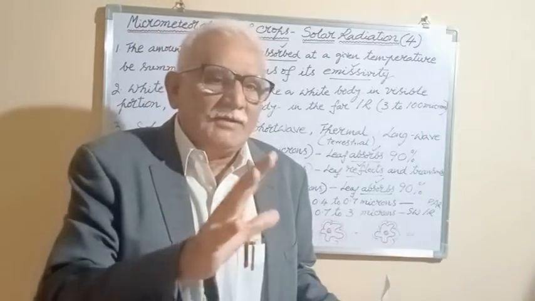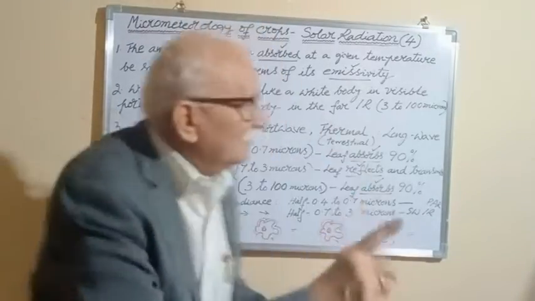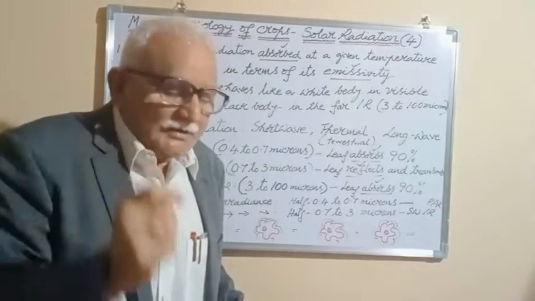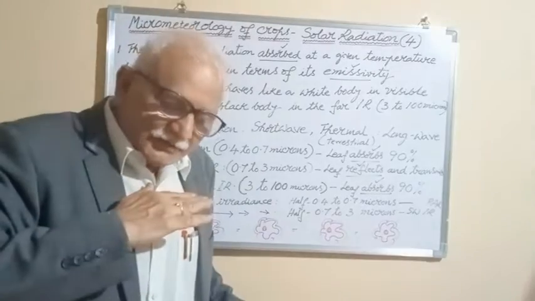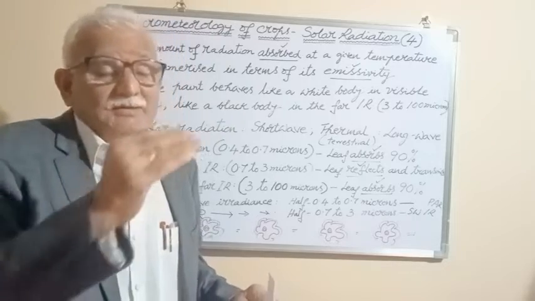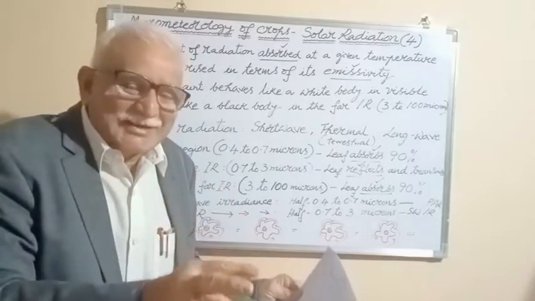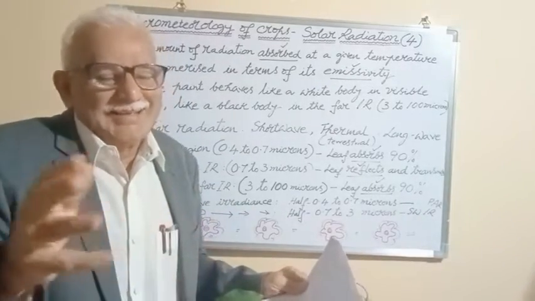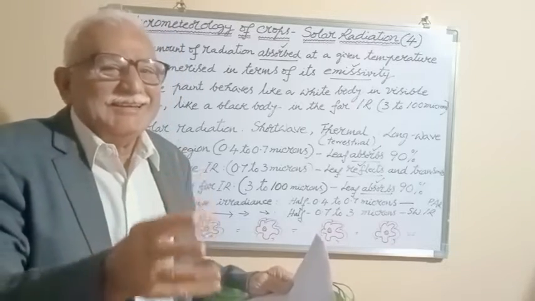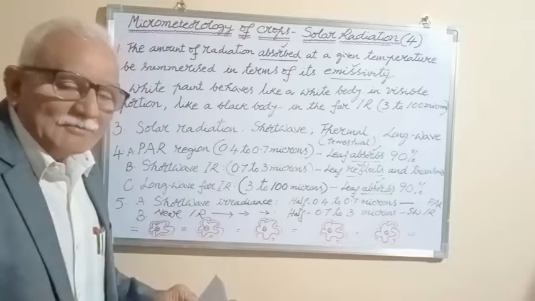We agrometeorologists confine ourselves to that definition of Kirchhoff's law application for our crops, because we use several instruments: solarimeter, infrared thermometer, light meters for light interception. In the energy partition of net radiation, we go for energy stored in the ground, energy utilized in evapotranspiration, energy stored in the crops, and above all, the energy utilized in heating the air. In that context, A lambda is equal to E lambda.